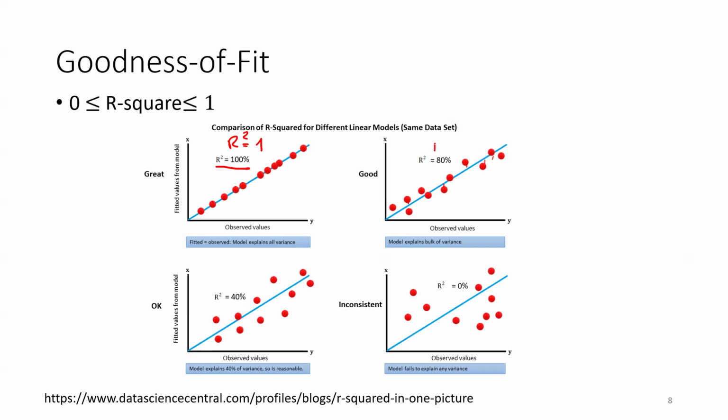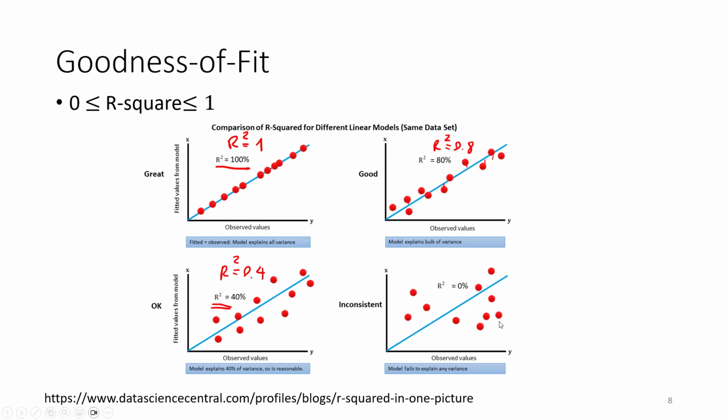Maybe R square is around 0.8, which means 80%. Then, if the data is not on your regression line but still close to it, it has somewhat larger error than the previous figure. So you get R square maybe equal to 0.4.